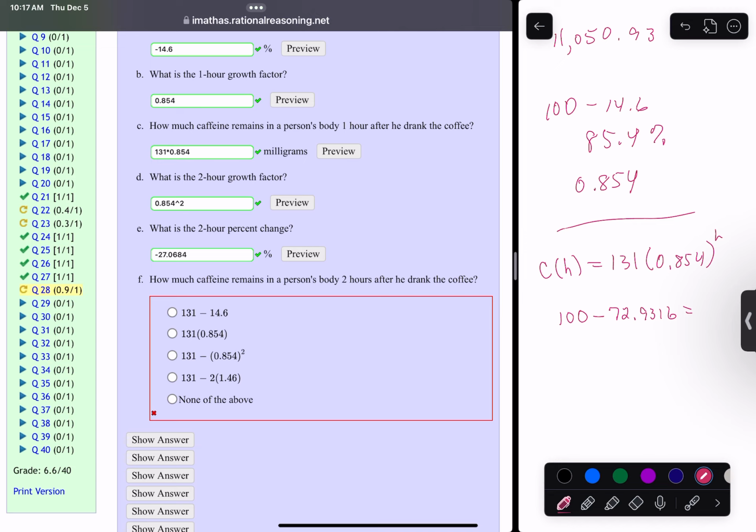Okay, wait, so the percent change in every hour is 14.6. So 131 times... I'm just doing some calculator stuff here, people. Give me a second. Or I think it could be.